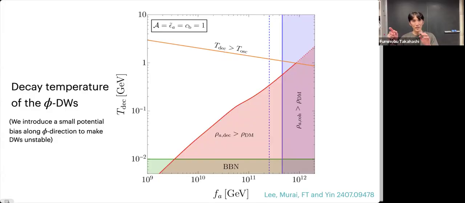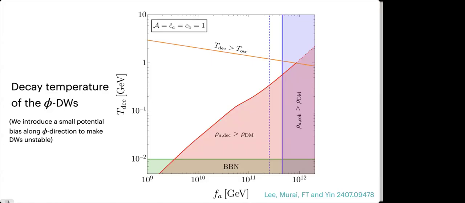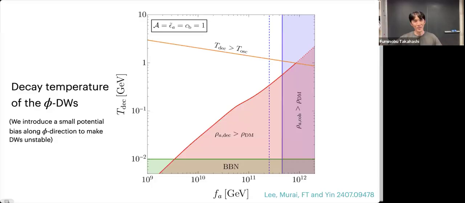Well, this can be considered a kind of scattering problem of the axions and the induced domain wall. And because the mass is the same on both sides of the induced domain walls, axion quanta can simply propagate through the induced domain walls and nothing happens.